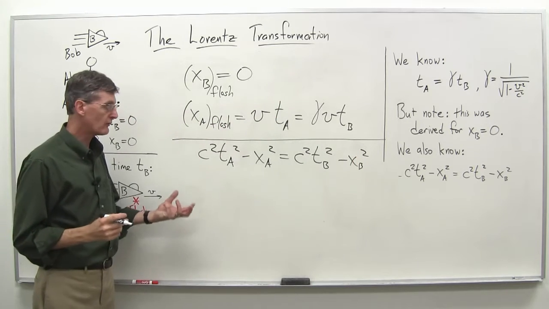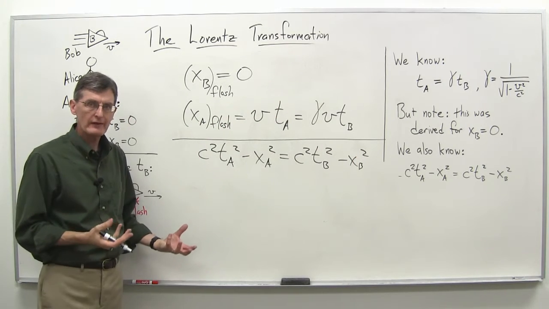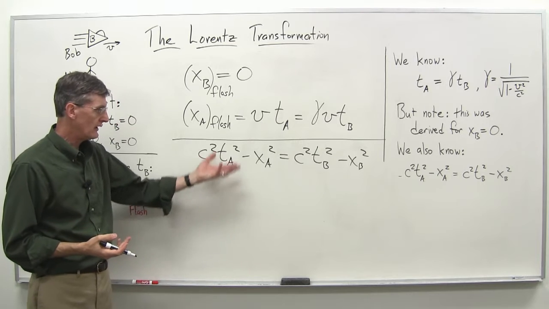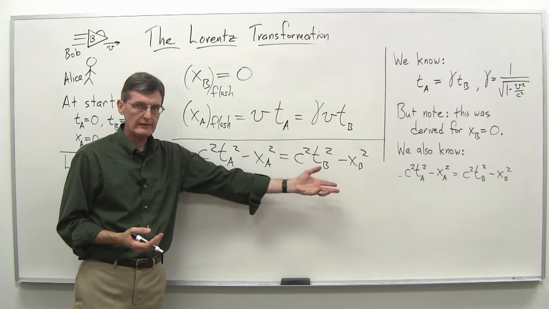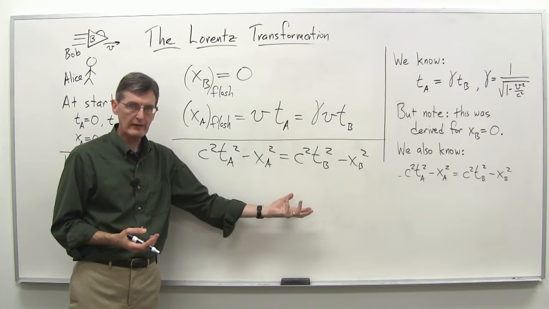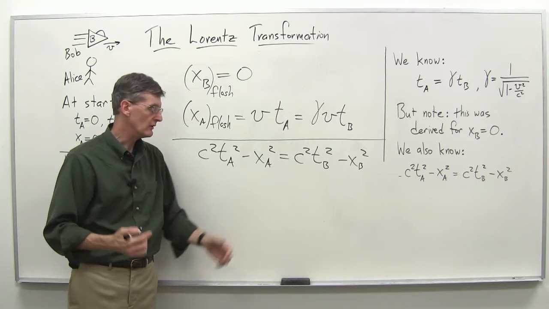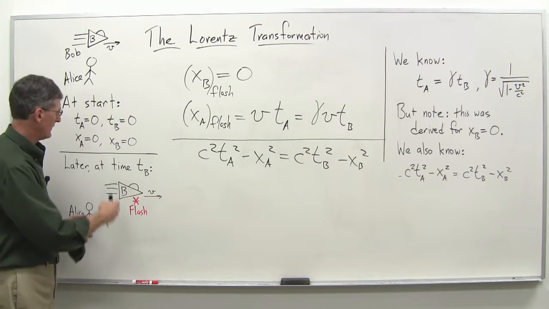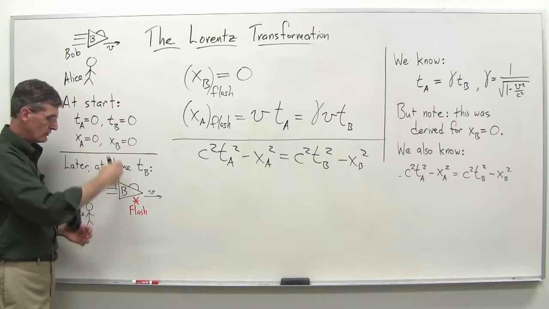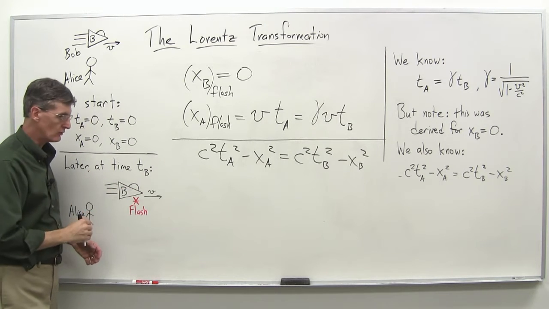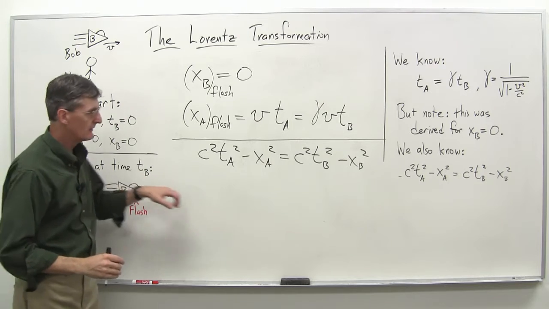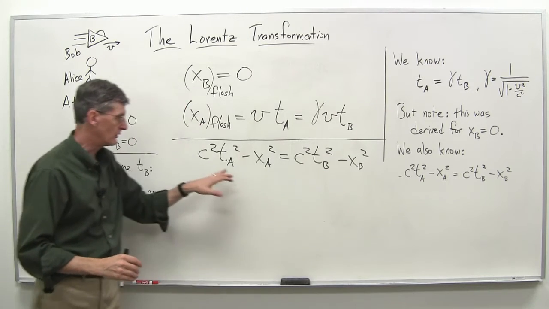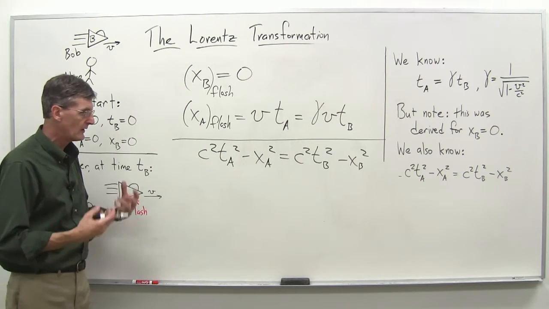That's our invariant interval equation. It's good for any event, or distance between two events. In this case, the events are our origin point when they pass each other, and then a while later the flash occurs, and Bob measures it again, t_b and x_b, and I want to get t_a and x_a from that.